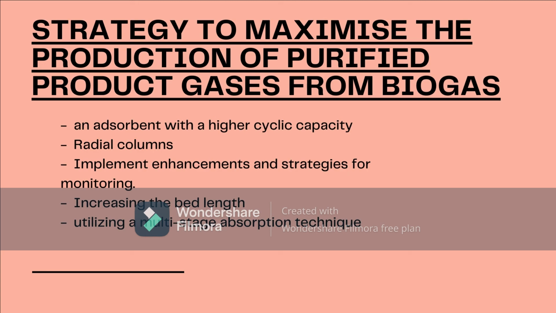Then we suggested another strategy, which was to use radial columns. After that, we also suggested implementing enhancements and strategies for monitoring. Then we suggested two other strategies, which were increasing the bed length and utilizing multi-stage adsorption techniques.